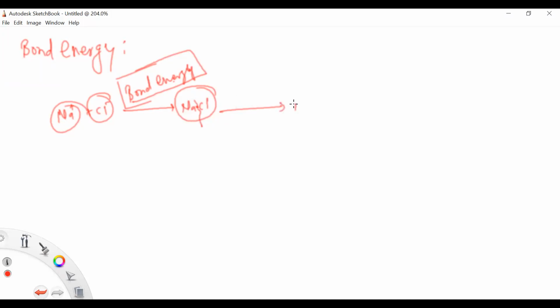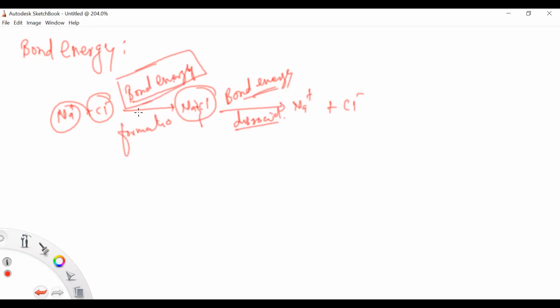So and it formations of the gaseous atoms like this Na plus and Cl minus. So the energy required to break the bonds that is called as bond dissociation energy, also commonly called as the bond energy. त्याला आपण बॉन्ड एनर्जी म्हणतो. इथे फक्त डिसोसिएशन होते, अमाउंट ऑफ एनर्जी रिक्वायर्ड अँड देअरफॉर इट इज बॉन्ड एनर्जी. इथे फॉर्मेशन ऑफ बॉन्ड होते आणि म्हणून याला बॉन्ड फॉर्मेशन एनर्जी किंवा सिम्पली बॉन्ड एनर्जी आपण म्हणतो.